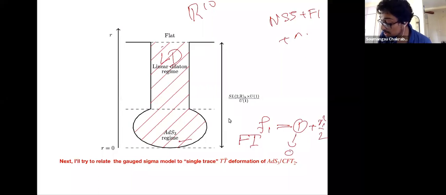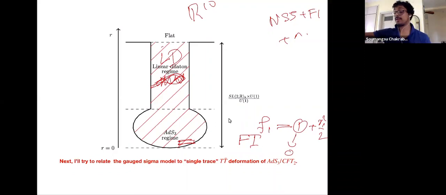So this is when you go to the near horizon geometry of the fundamental string as well as the NS5 branes. Here you are only in the near horizon geometry of the NS5 branes, and here you are just far away from everything, so you see 10-dimensional flat space. So my claim is that this whole worldsheet theory is described by this guy.